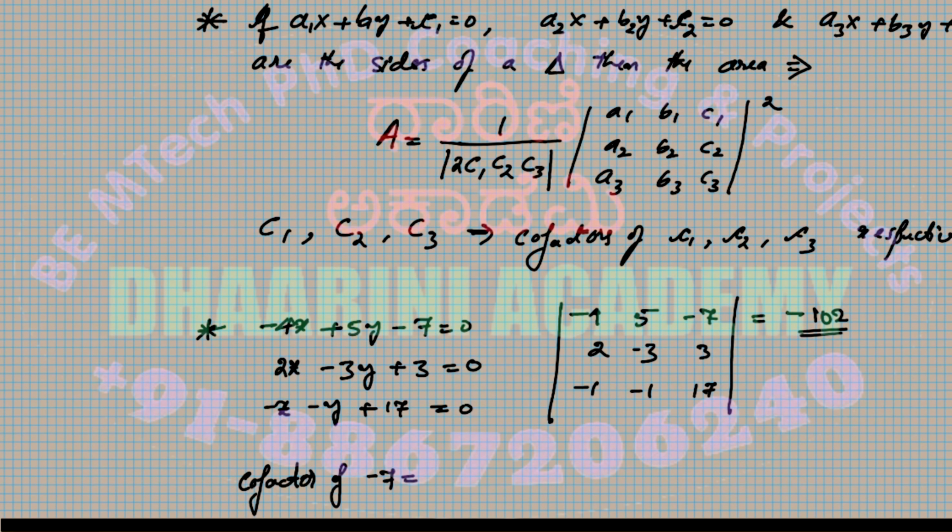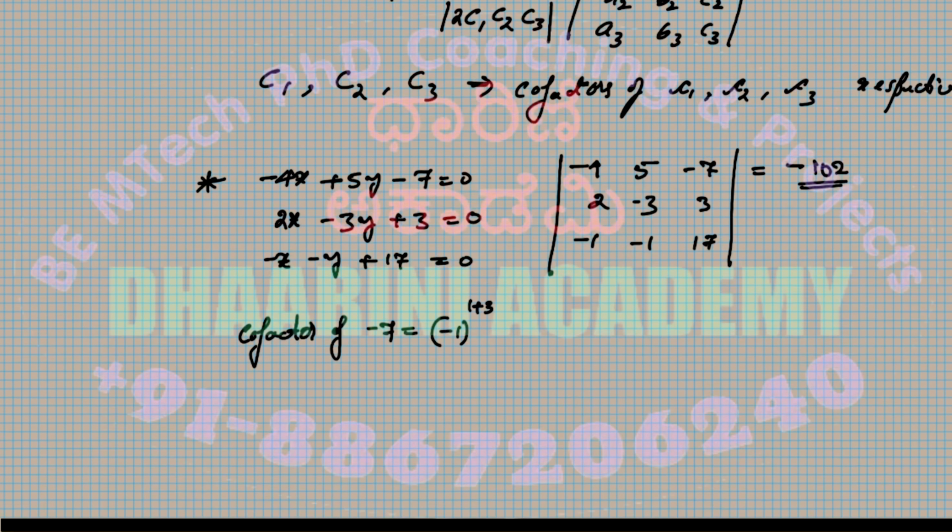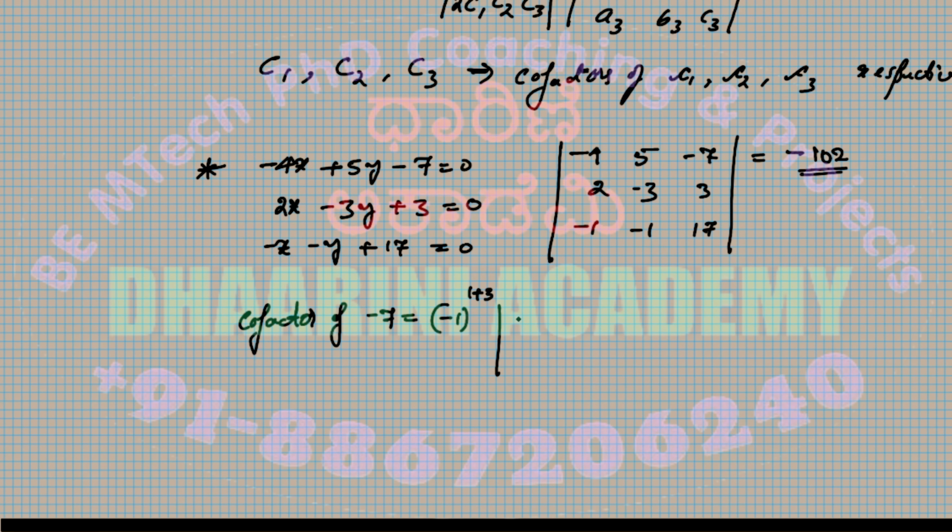Minus 7 is at position 1 comma 3. So this is minus 1 to the power 1 plus 3 into the determinant of 2, minus 3, minus 1, minus 1. This is capital C1.